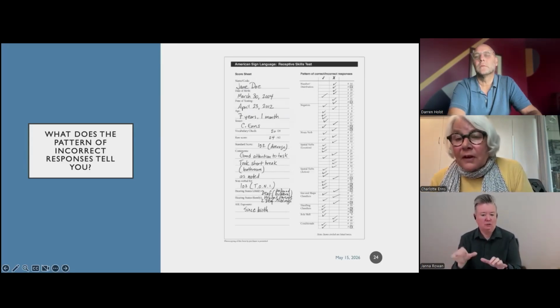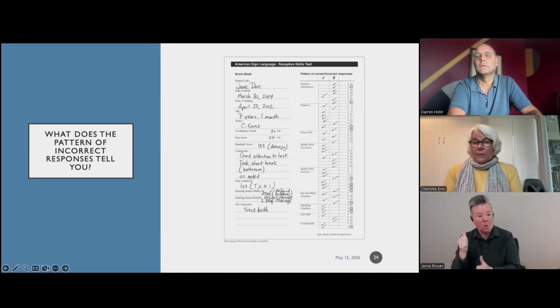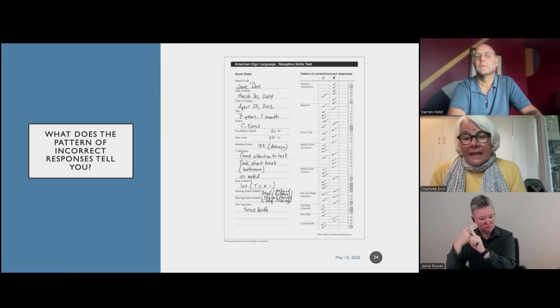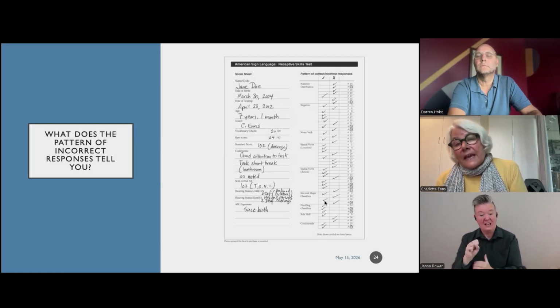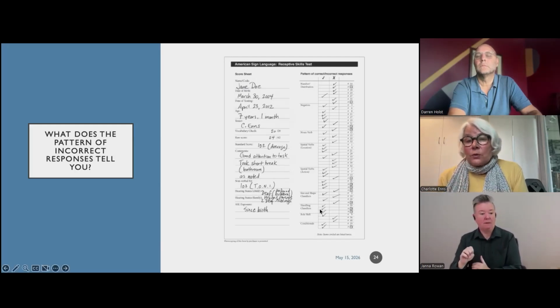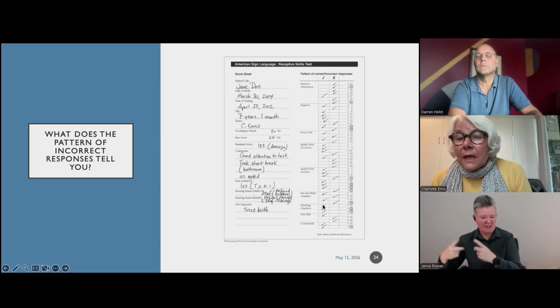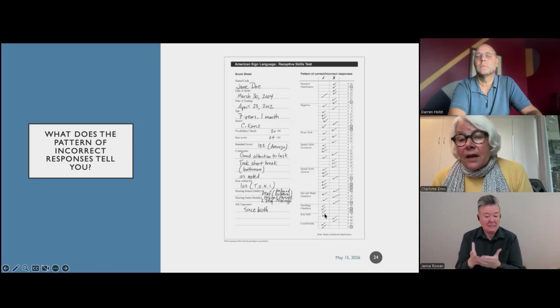Although here they're getting most of those correct. So again, that's not a real concern. The spatial verbs, size and shape specifiers, it's again half and half. So they might be needing some work there, but that might also be appropriate for their age.